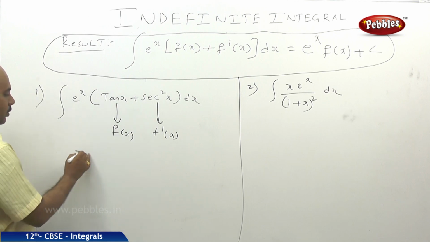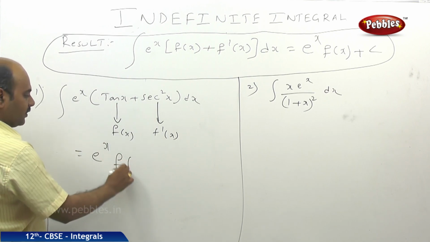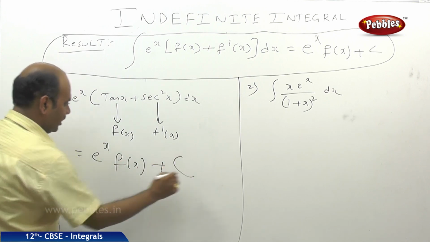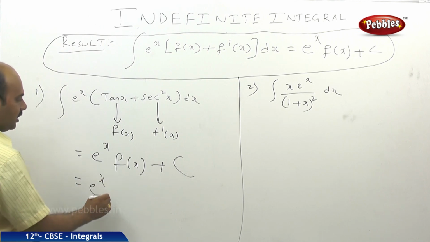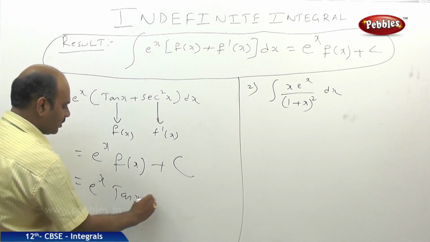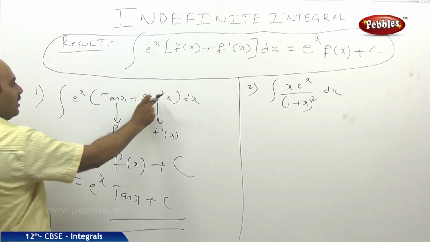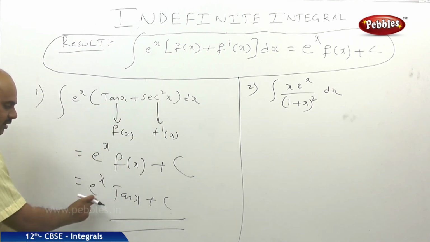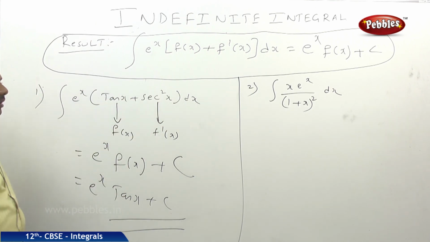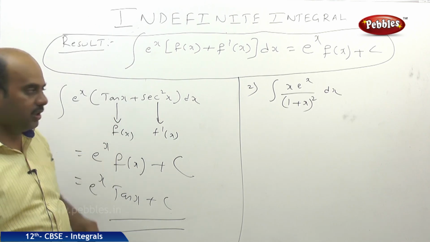So directly I can put e power x f of x plus c, that is, in place of f of x, e power x tan x plus c. So integral of e power x into tan x plus secant square x dx is e power x tan x plus c. Right? I think this is clear to you.